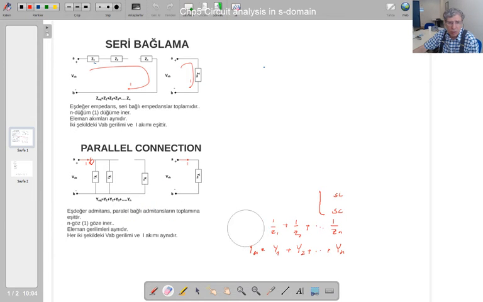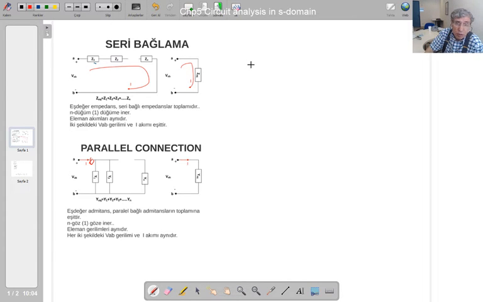Just to remind you what a serial connection is, because from time to time students mix those concepts. If two elements are connected in serial, let's say A and B, we say those two are connected in serial if one of the terminals of those two elements are connected together, like that, and there is no other element connected to that node.